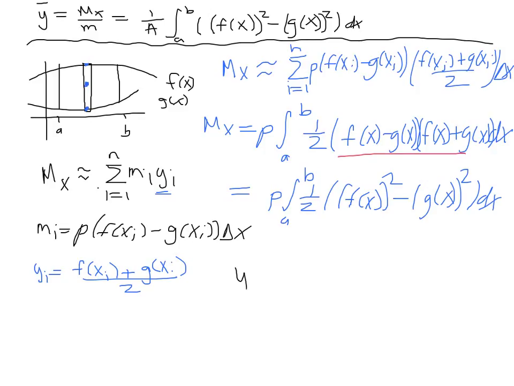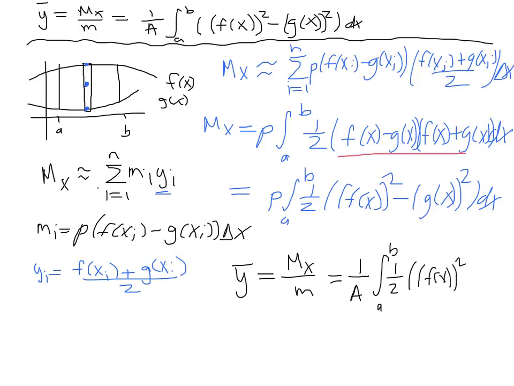When we find y bar, we take the expression for m x and divide it by the total mass. And in that case, the rho's will cancel, and we will have 1 over A times the integral from a to b, 1/2 times f of x, quantity squared, minus g of x, quantity squared, dx. Looks like I need a 1/2 there.